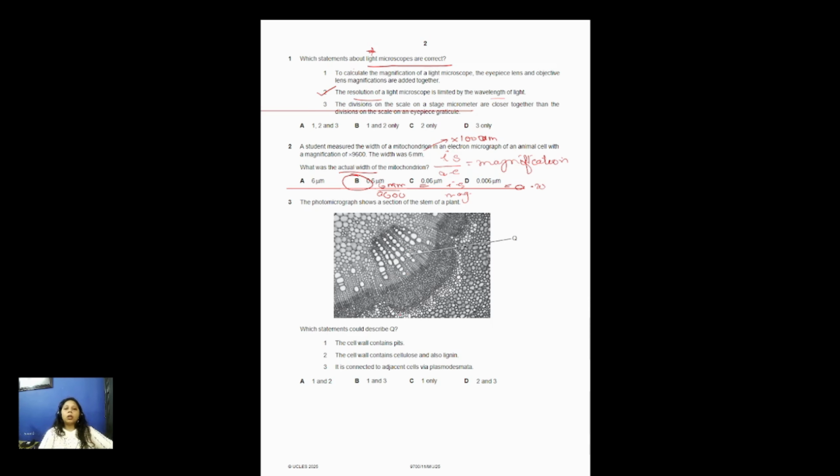Can you see small spaces in between them? Yes, we can see. Then the cell wall contains cellulose and also lignin. Lignin would be present as it contains a vascular bundle, and a vascular bundle definitely contains lignin. It is connected to adjacent cells via plasmodesmata. It is not visible, it cannot be seen over here. So the correct answer could be 1 and 2.